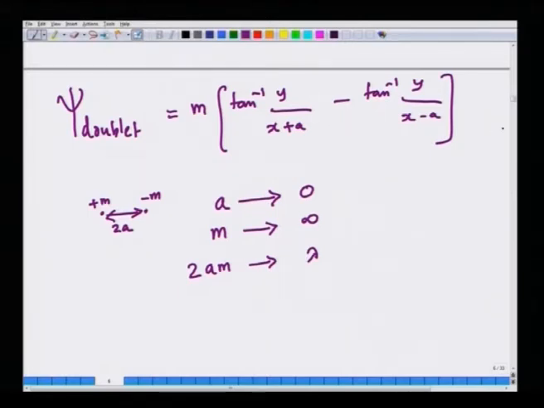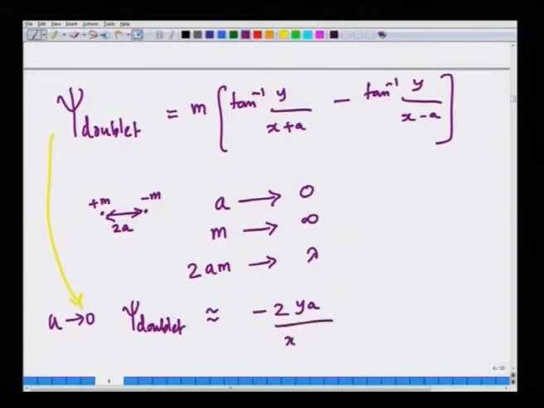Okay. So, in that limit we can simplify this expression for psi doublet as a tends to 0. This becomes, in the limit as a tends to 0, minus 2 y a divided by x squared plus y squared, times m.